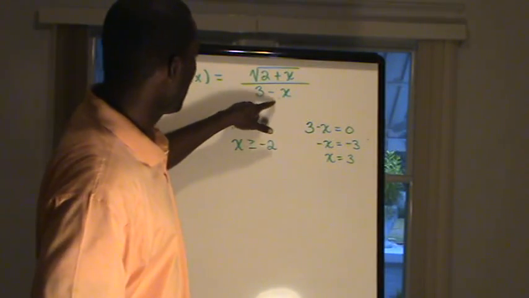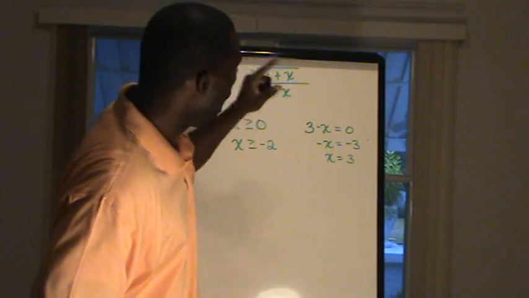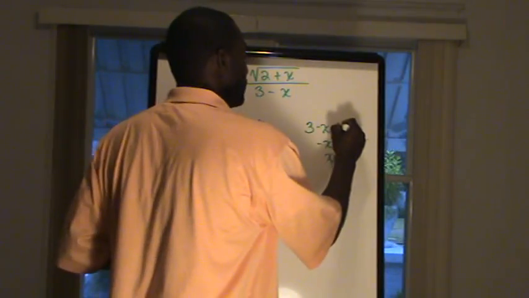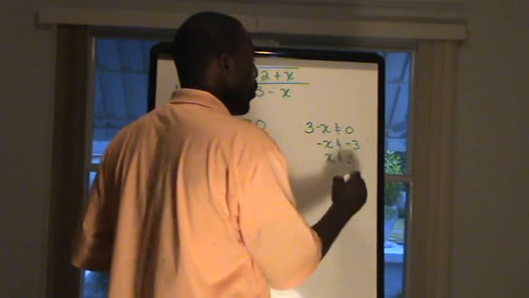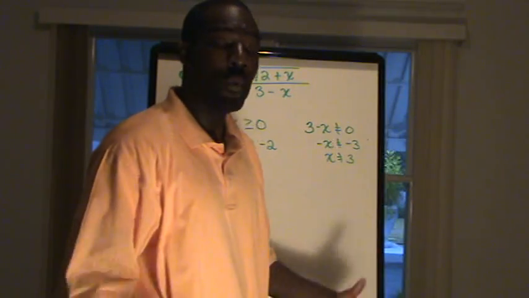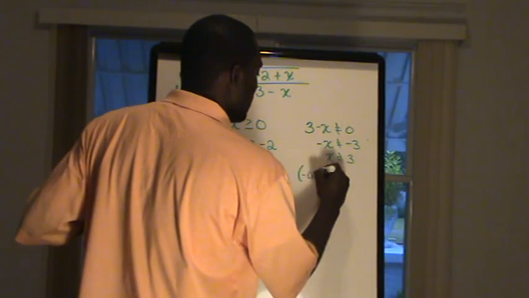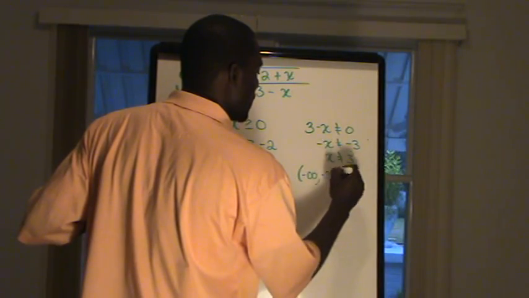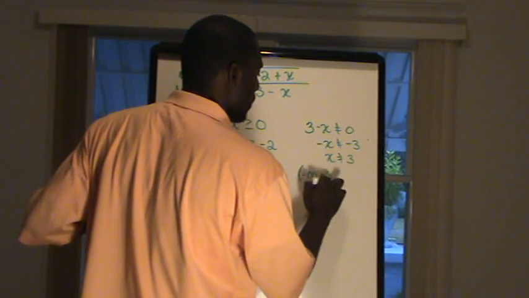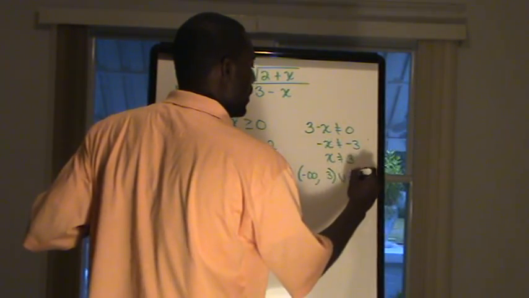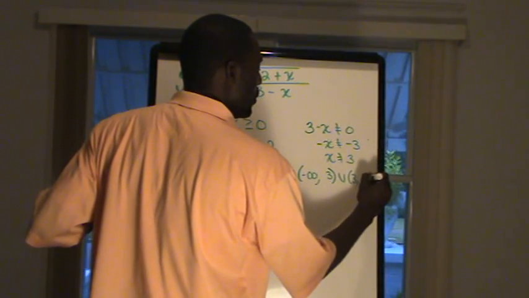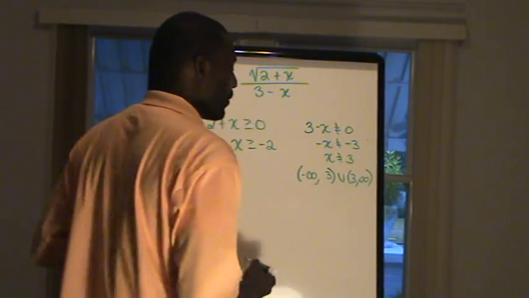Even though negative 3 is a part of the domain for the denominator, the denominator says we don't want positive 3. So that means we want everything from negative infinity up to 3, union 3 to infinity.